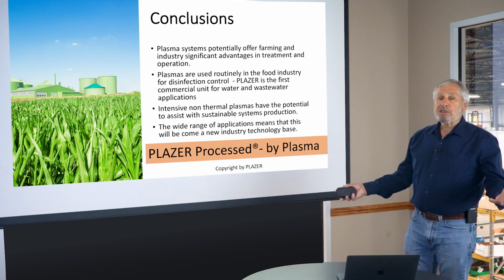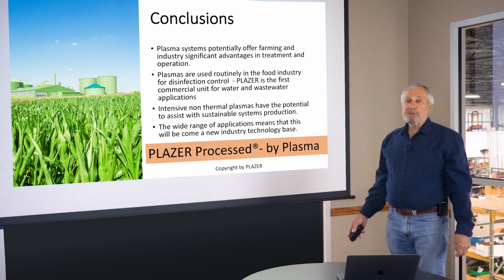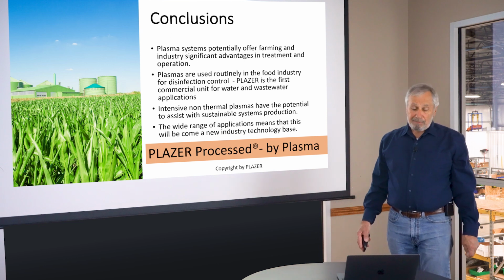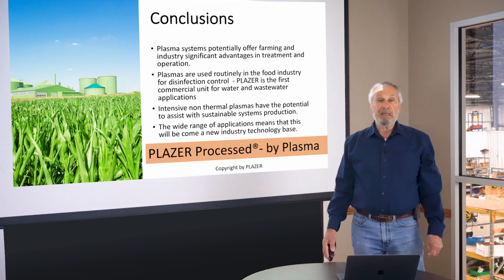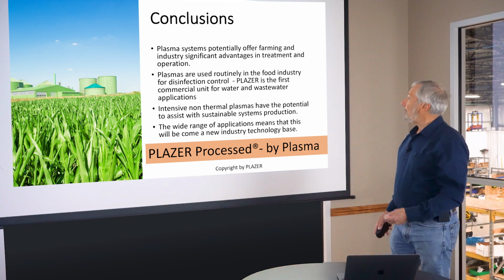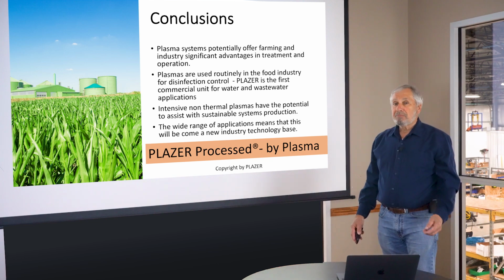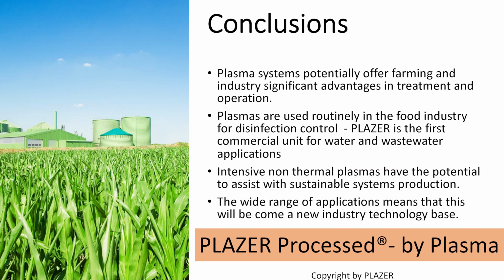So let me just sum this up. Plasma systems offer farming and industry significant advantages in treatment and operation. Secondly, plasmas are already being used in all sorts of things, in the food industry for cleaning, but plasma produced in the Plazer equipment is the first commercial unit for water and wastewater applications and for other large-scale industrial applications.